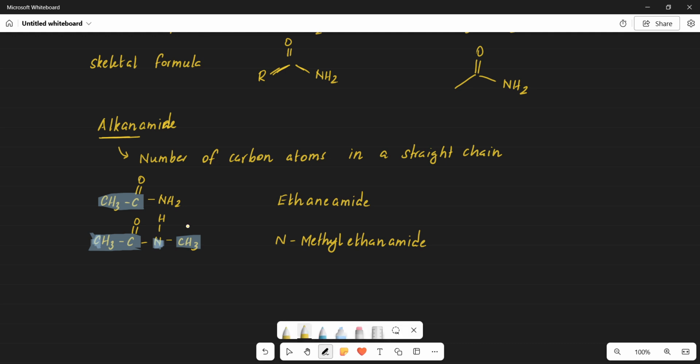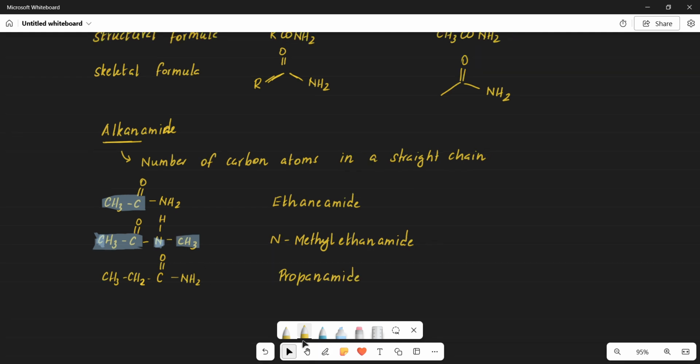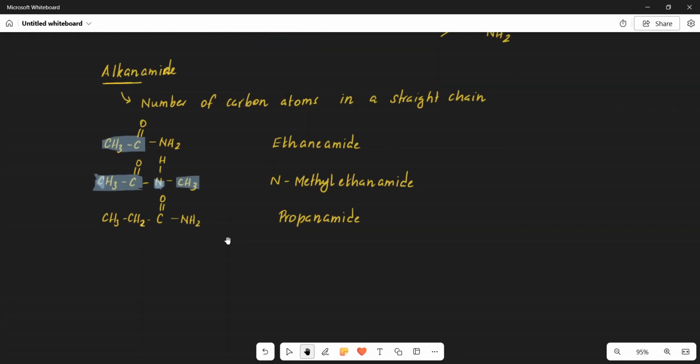For example, now here you have the longest chain is a 3 carbon chain. So propanamide. If it is 4 carbon, butanamide, 5 carbon, pentanamide. So I can even have this.